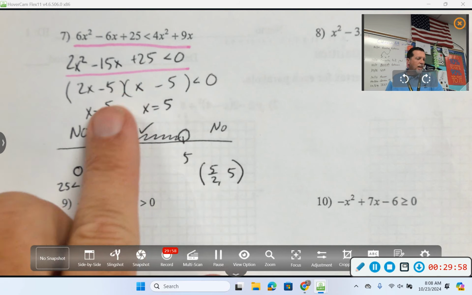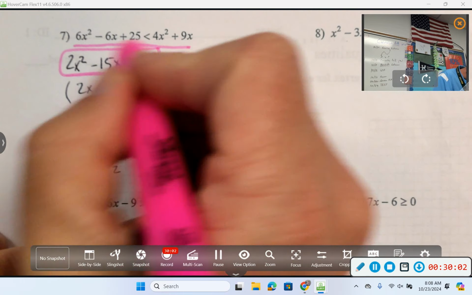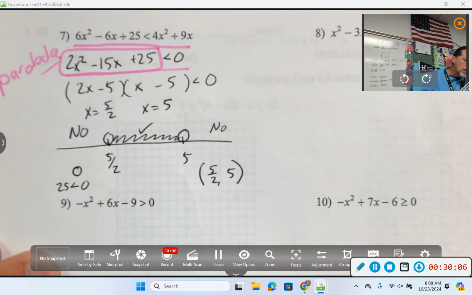This thing is a parabola, yes? You imagine if it was on a big graph. That's a great way to say it. You imagine that parabola. Is that parabola pointing up or pointing down?